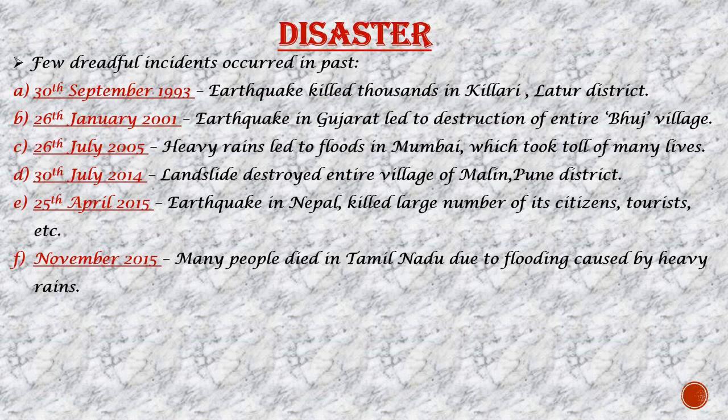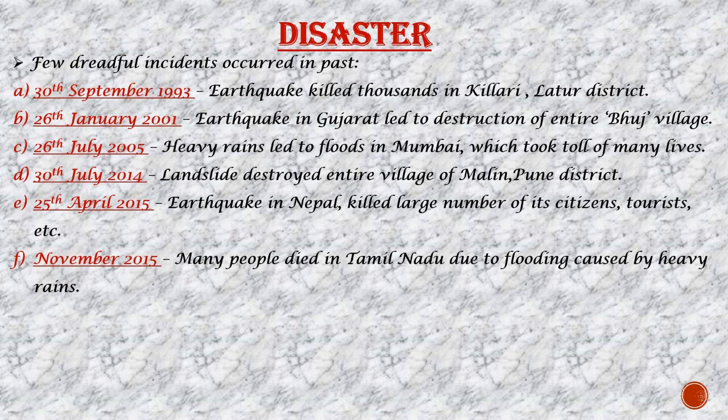On 26th July 2005, heavy rains led to floods in Mumbai and took a toll of many lives. On 30th July 2014, a landslide destroyed the entire village of Malin, in Pune district.